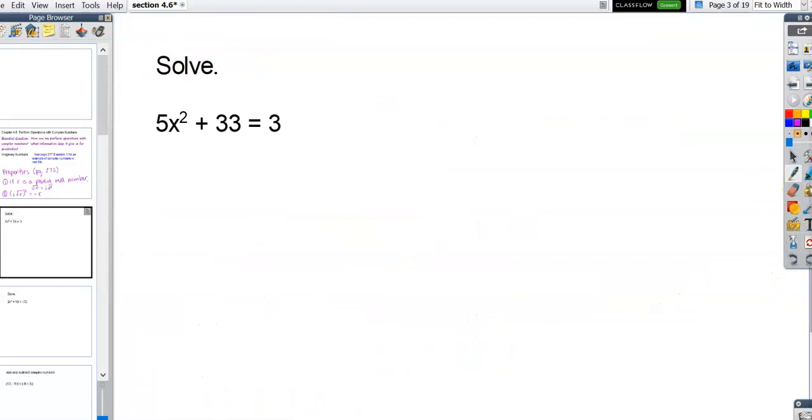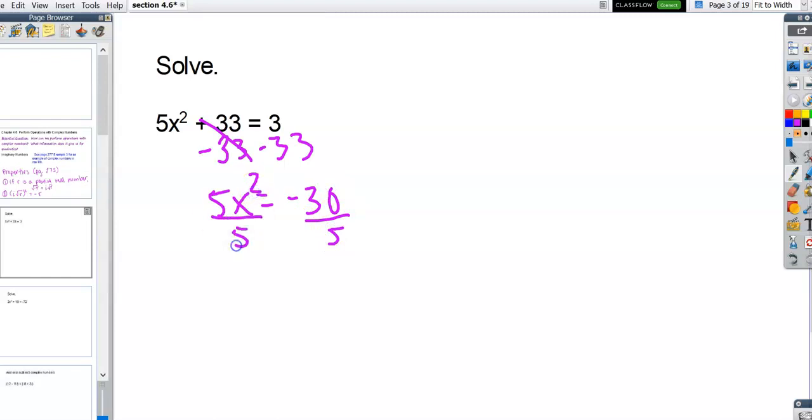We want to solve 5x squared plus 33 equals 3. Step 1, subtract 33 from each side. Step 2, divide by 5. And then step 3, take the square root. So up until this point, we've said, because we're taking the square root of a negative, there are no solutions.